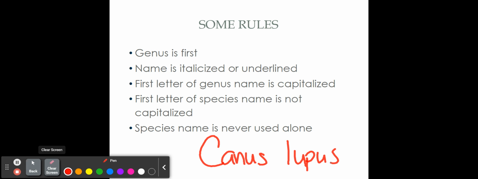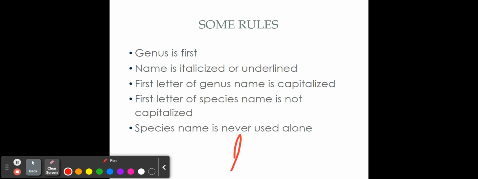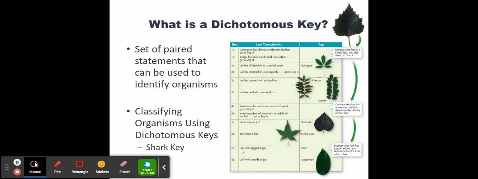And then the final rule is that the species name is never used alone. So if you saw something where it just said lupus, that doesn't mean anything. You need to have the genus and the species in order to specify the organism that's in question. And we'll do those what's wrong with these when we come into class.